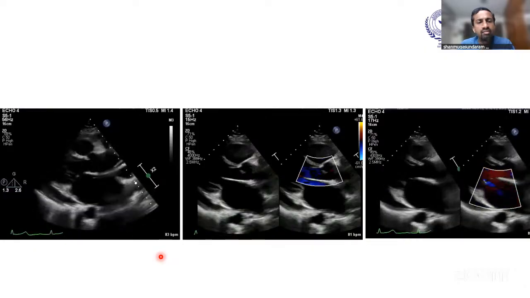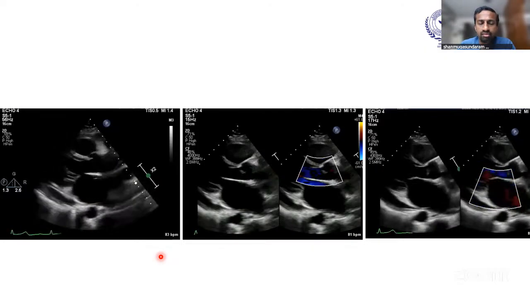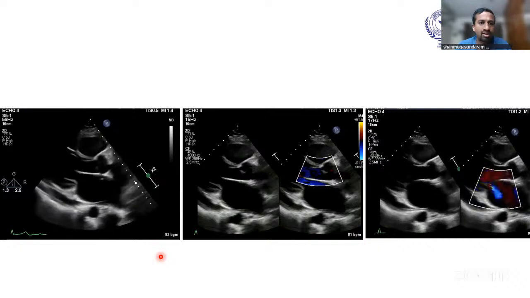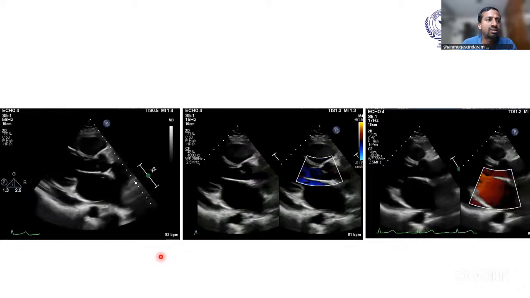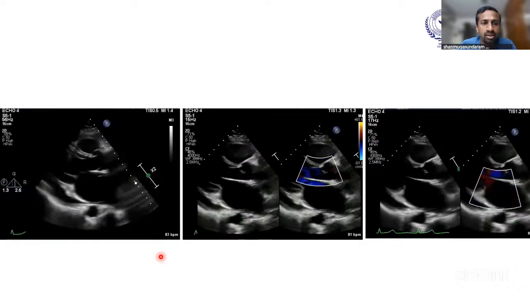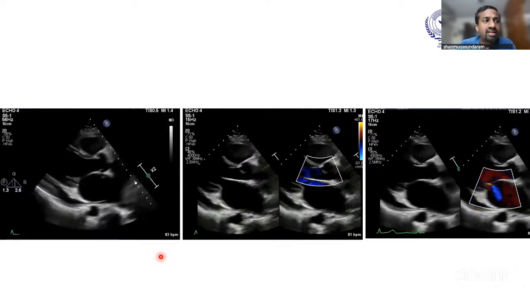And regarding strain, yes, it probably would have given us a clue about the atrial function. Probably reduced reservoir strain and reduced contractile strain would have given some evidence, but that can obviously happen with paroxysmal atrial fibrillation or atrial mechanical dysfunction or atrial cardiomyopathy, which is being discussed nowadays. So it probably would not really have given a clue regarding the atrial myocarditis as such.